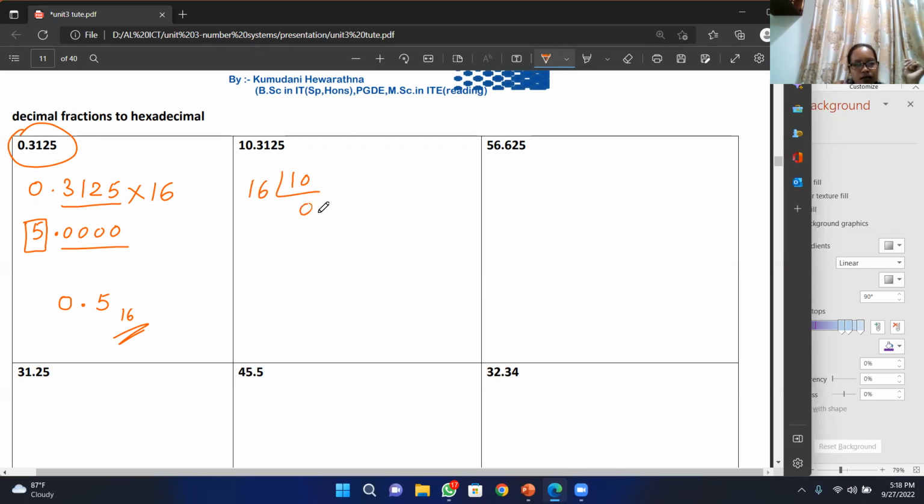That is 0 and remainder is 10 now. So 0, 10 means you can just omit 0. 10 means A. I'm not going to do the 0.3125 again, because it was taken in the first calculation. So you can just take 0.5 from there. So the answer is 8.5. Yes.